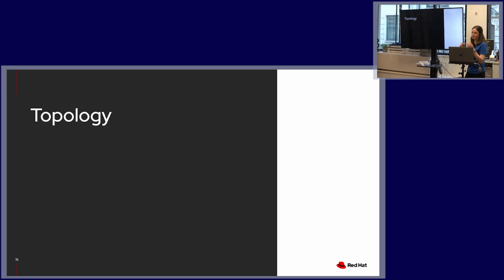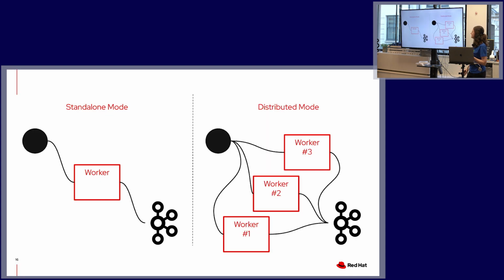Okay, so let's first talk about topology. If you're deploying Connect, this is the first thing you'll have to decide. There are two different modes that you can run Connect in. Standalone mode, where you have a single worker with all of your data pipelines flowing through it, or you can run in distributed mode. In this mode, you have multiple different workers that are part of a cluster, and you run the pipelines on any of the workers.